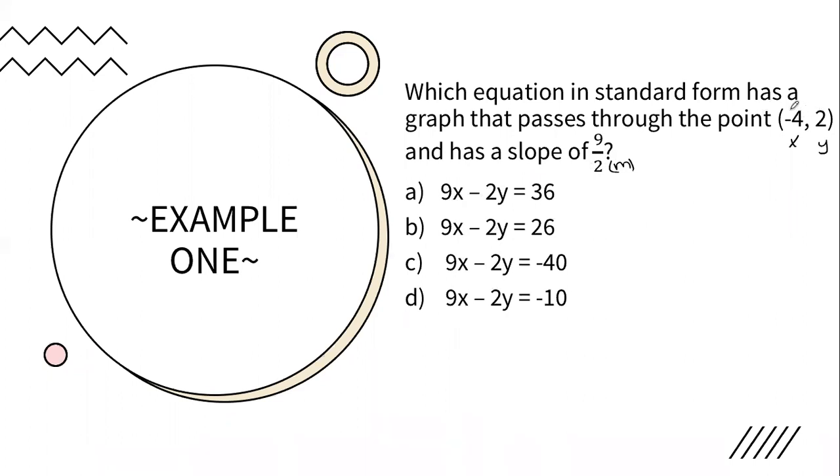So I want everyone to think real quick. How could I figure out if these graphs go through this point right here? What could I do with this x and this y to figure out if it goes through this equation?